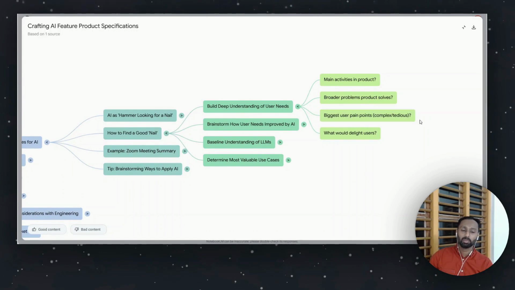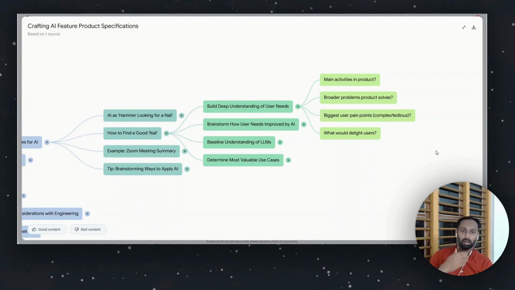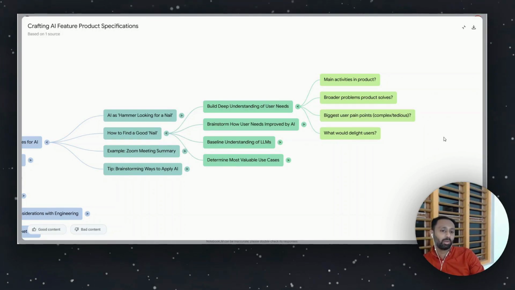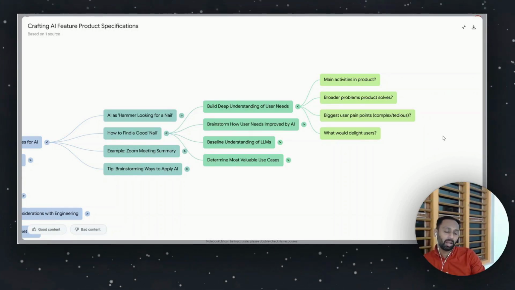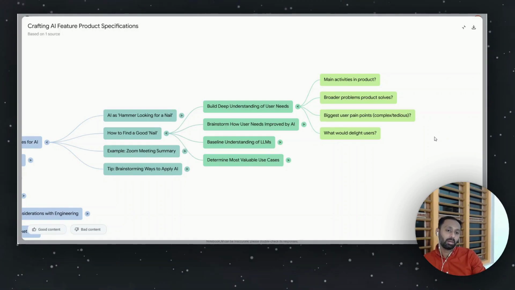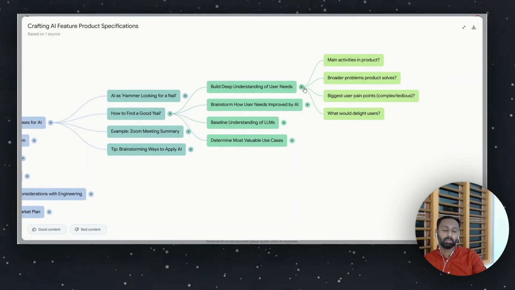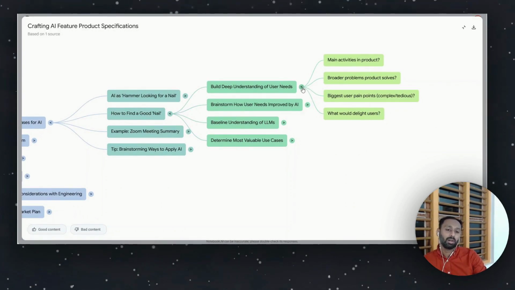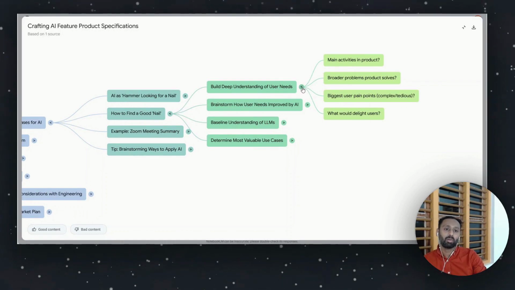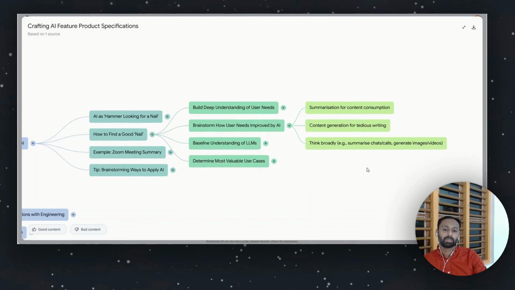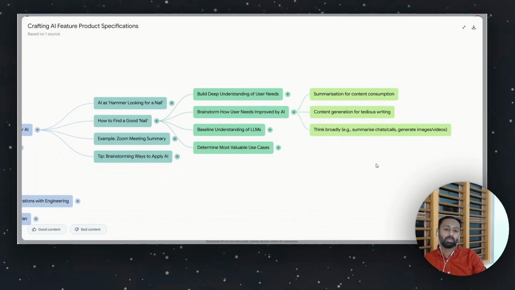What are the biggest pain points? Prioritize them. Understand what delights users. Have a clear understanding of what broader problems the product solves. All these things are very important when it comes to deciding what kind of features to build. Brainstorm how user needs can be improved by AI.